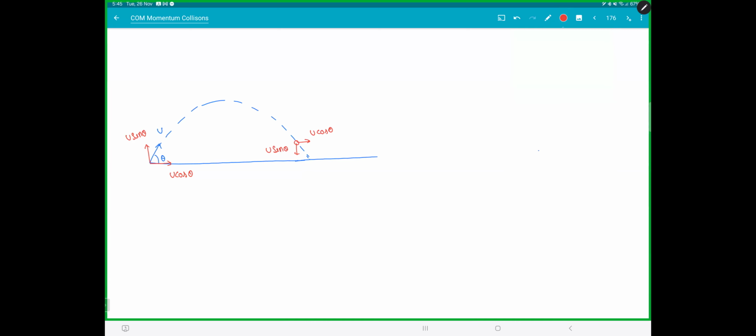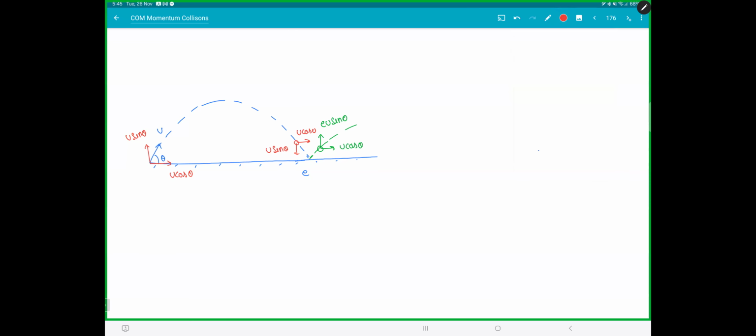And we know whenever you hit a wall with speed u, you're going to bounce back with the speed eu. That means when this thing bounces back here, this vertical component becomes eu sine theta. The horizontal component will remain the same.